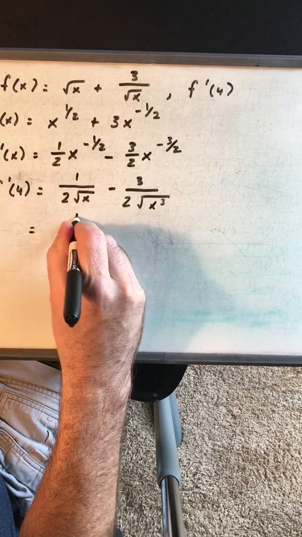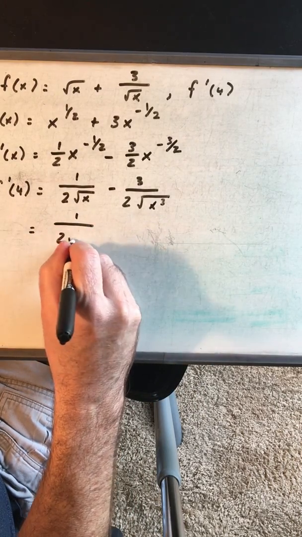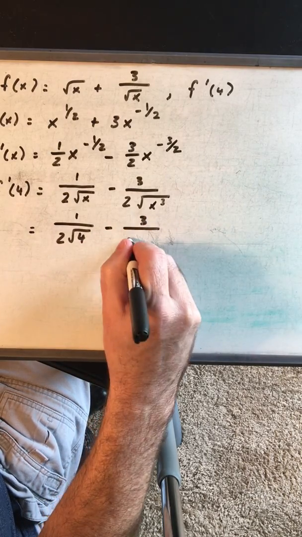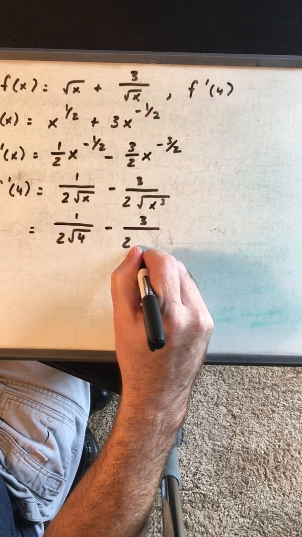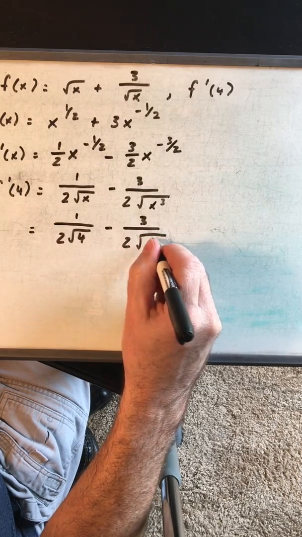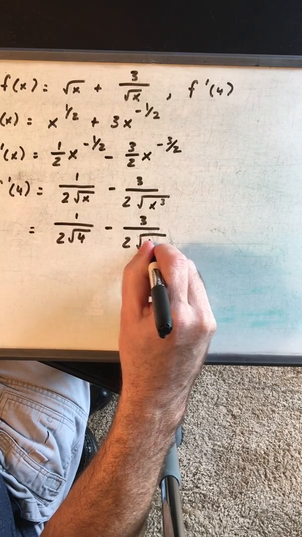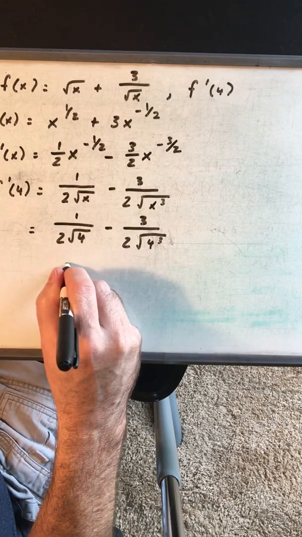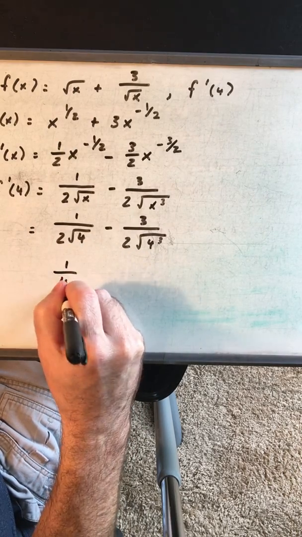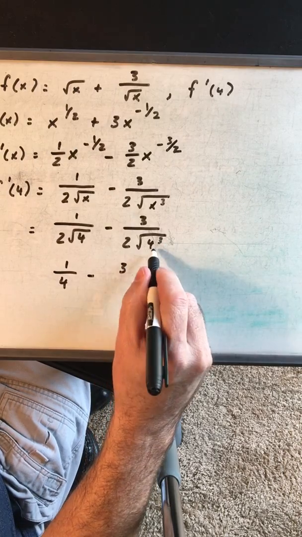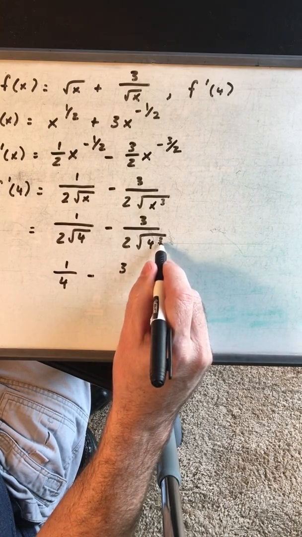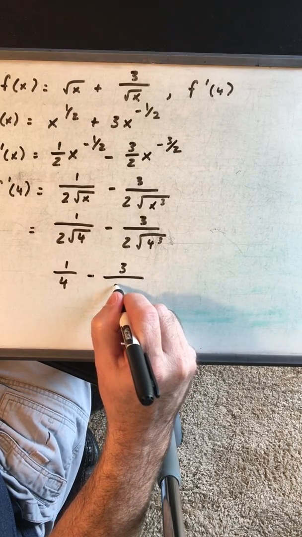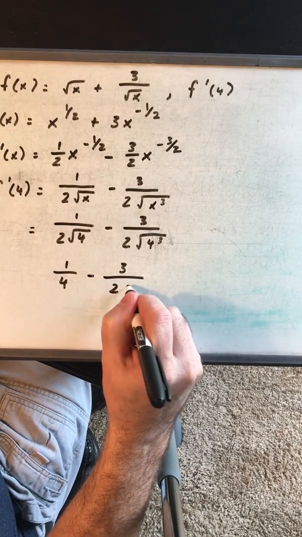So that's going to be 1 over 2 times the square root of 4 minus 3 over 2 times the square root of 4 cubed. So square root of 4 is 2, so that is 2 times 2 is a 4th, minus square root of 4 cubed. 4 cubed is 64, so square root of that is 8, so 2 times 8.